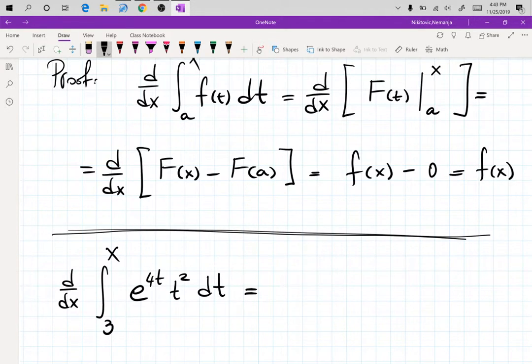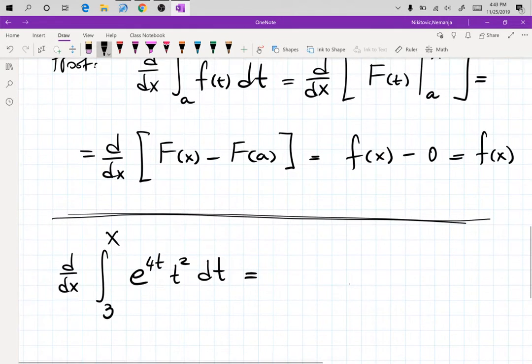Right? If you have something like this, something that you can't even integrate yet, you will be able to integrate this in Calc 2 using something called integration by parts.